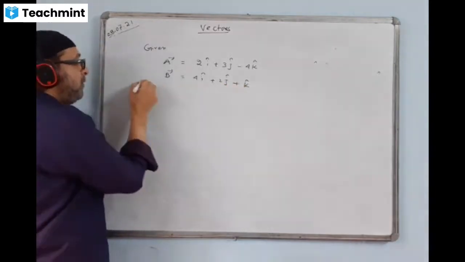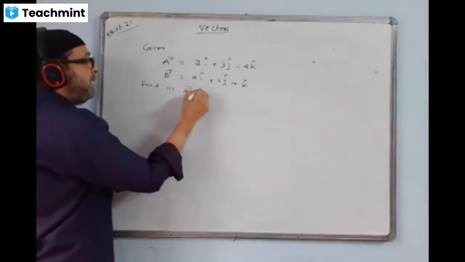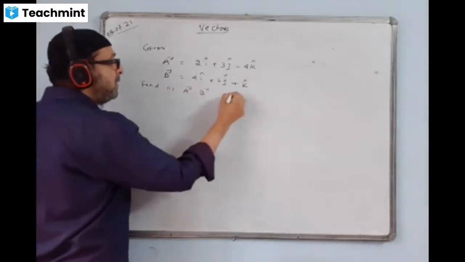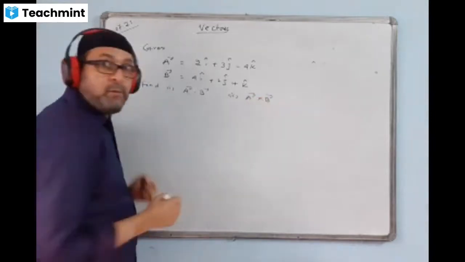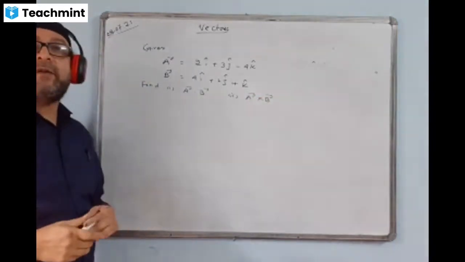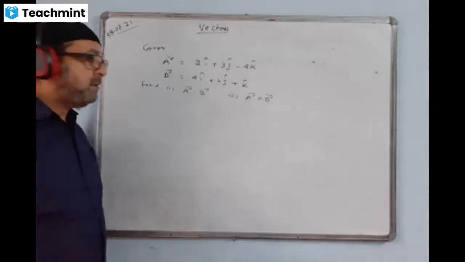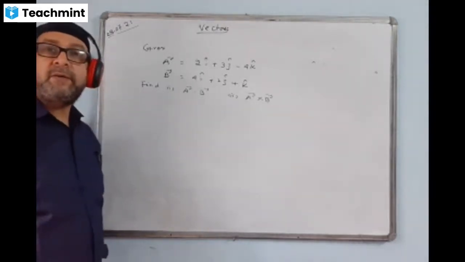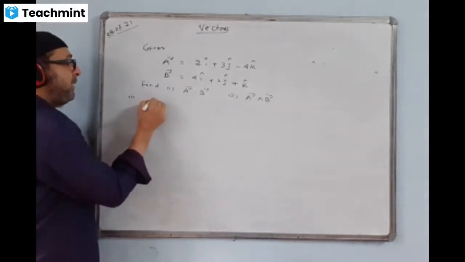The question says find number 1, A dot B. Second, we have to find A cross B. You have to find both. In the first case we are finding the dot product, and in the second case the cross product. Let us do number 1, A dot B.